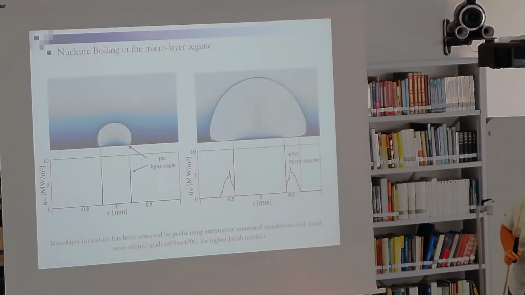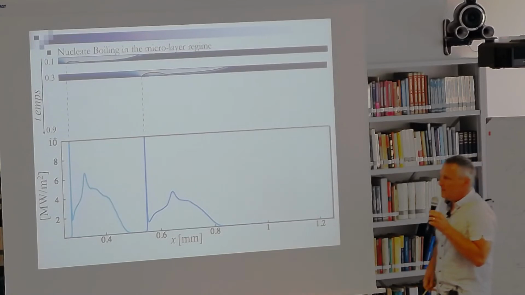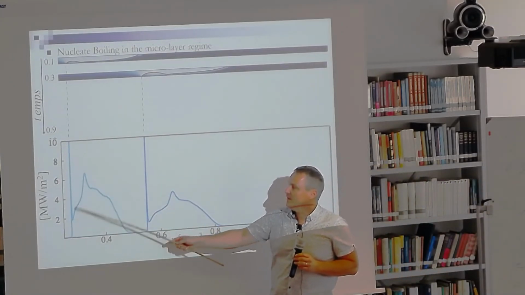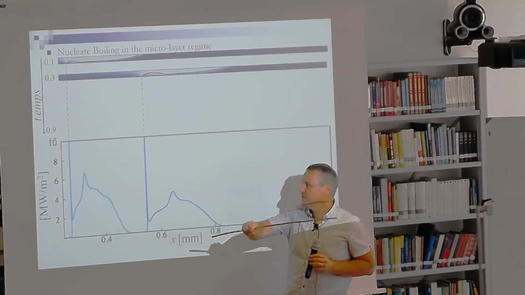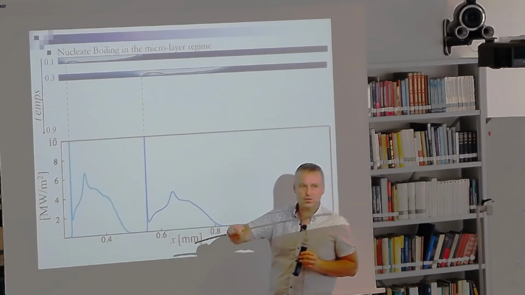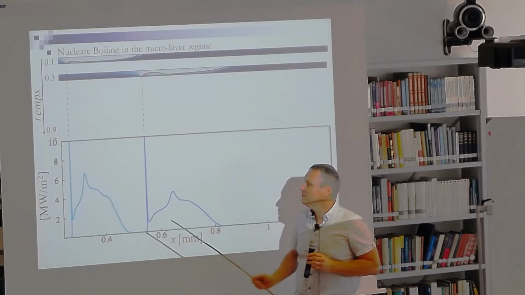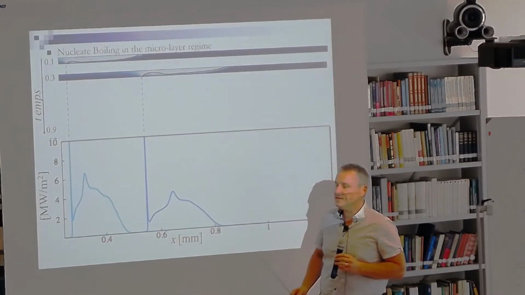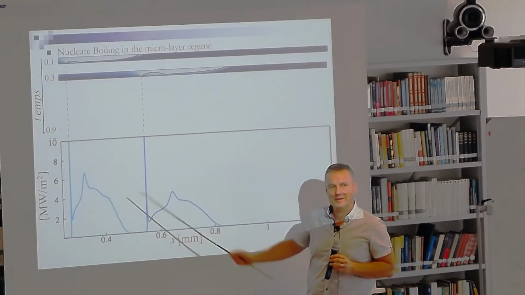If we consider here, maybe this one is better. The heat flux, which increases. This is the contact line. This is the point where the microlayer thickness is lower, and you say that in the results of Sato, the heat flux is higher at this point, at the end of the layer.